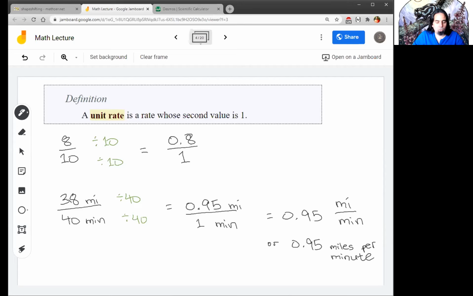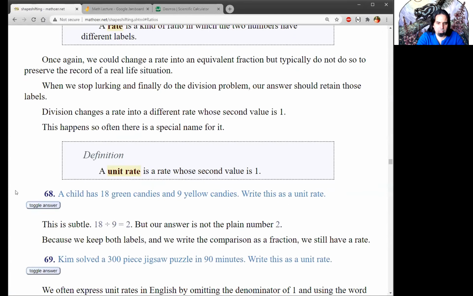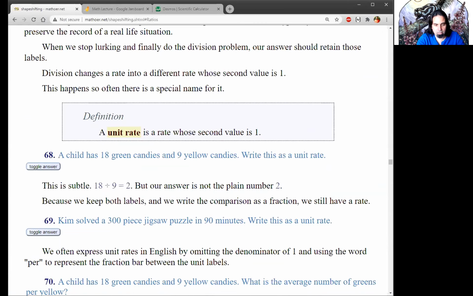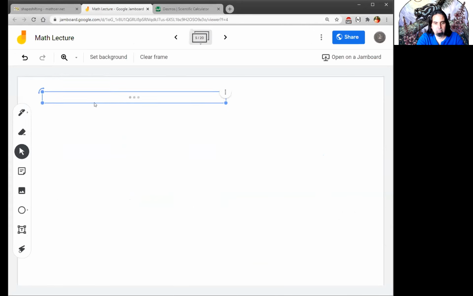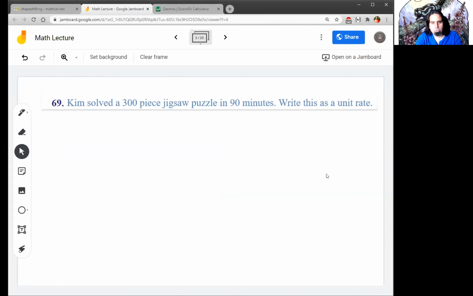So this is something we do all the time at the grocery store. What's the price per ounce or price per pound or price per gallon of something? We take the top number and the bottom number, we divide them both by the bottom number, and we figure this out. Okay, let's just do this example. Kim solved a 300-piece jigsaw puzzle in 90 minutes.